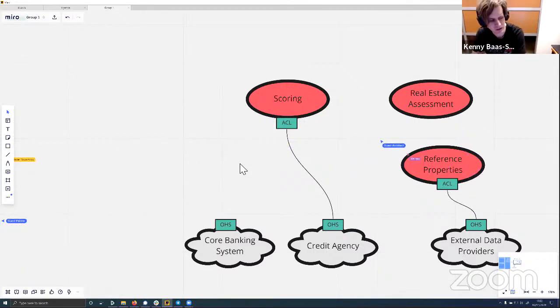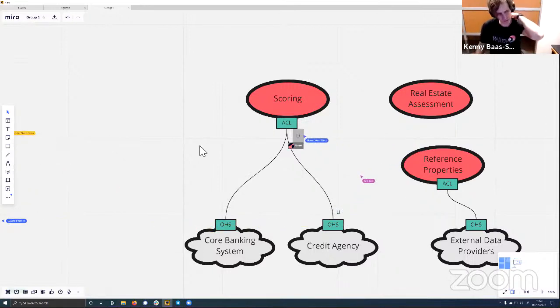A bit about the anti-corruption layer. The anti-corruption layer doesn't mean specifically that you do translations, because an open host can do translations as well, or maybe not an open host, but for instance, a customer supplier can do translations as well. An anti-corruption layer mostly goes deeper, in that you create a separate system or layer to decouple this, in this case the scoring, from the rest.